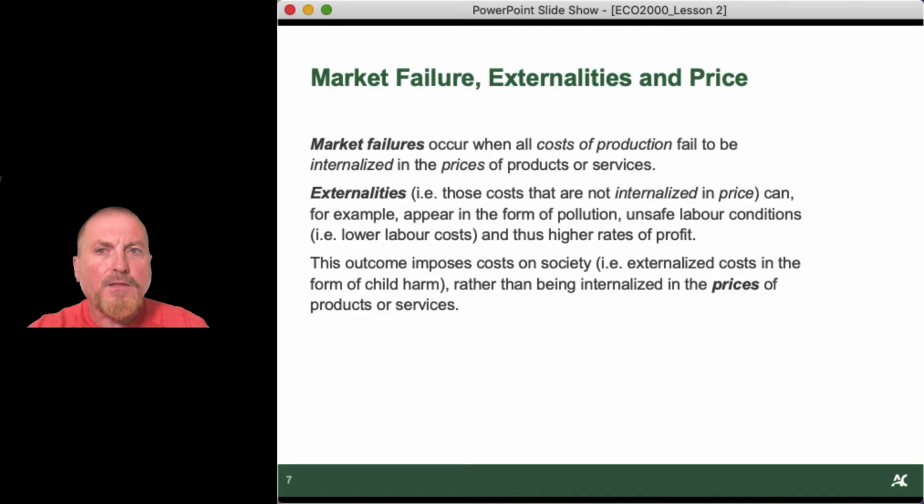Okay? And market failures and externalities impose costs on society rather than being internalized in the prices of products and services.